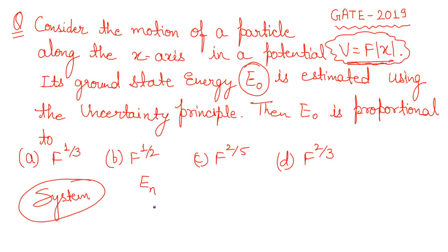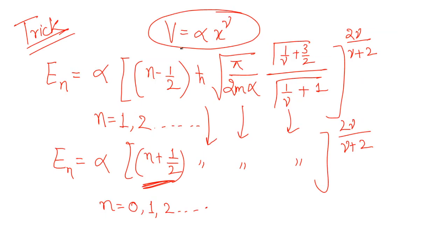Next point, in this condition, what is the power of x here? That is 1. So what is the nu value here? That is 1. We just want to know the dependency of the ground state energy on f. So f is a constant here, like the alpha present here.